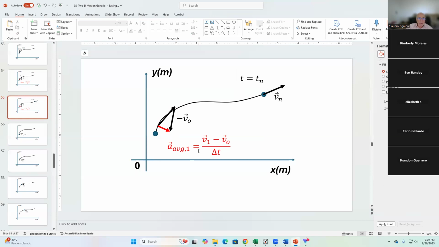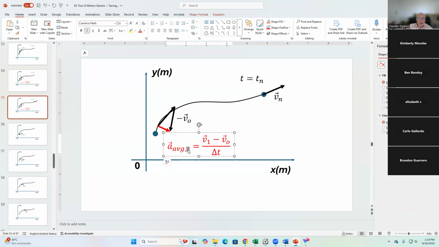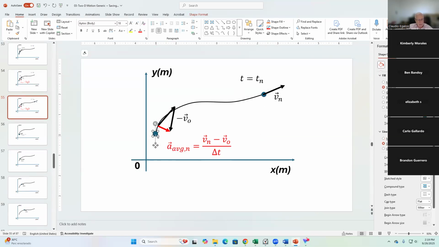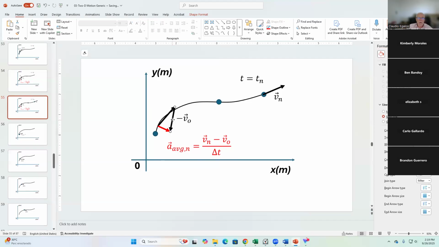And now my new average acceleration vector n is going to be Vn minus V naught. It's going to be somewhere in between those 2 points. It needs to be defined, okay? Let's say it would be an average somewhere around here.